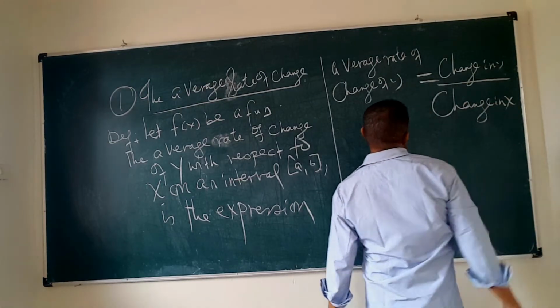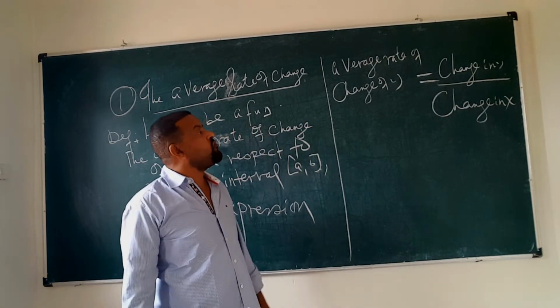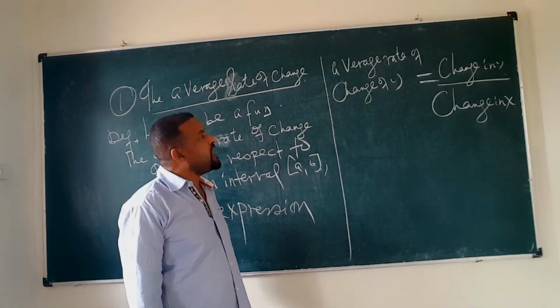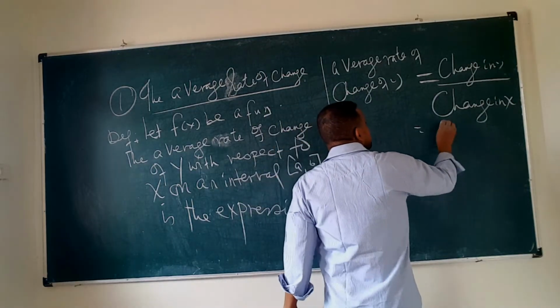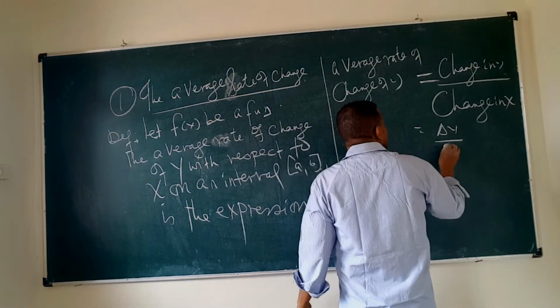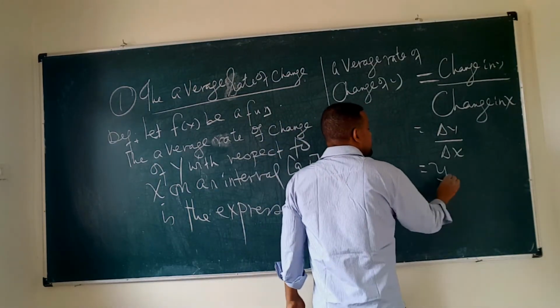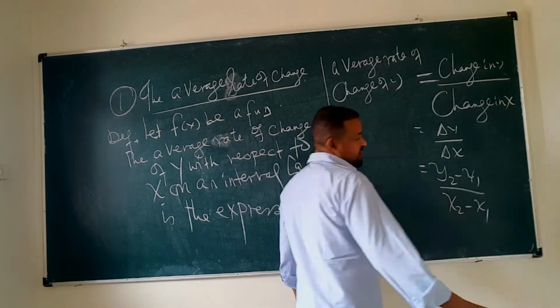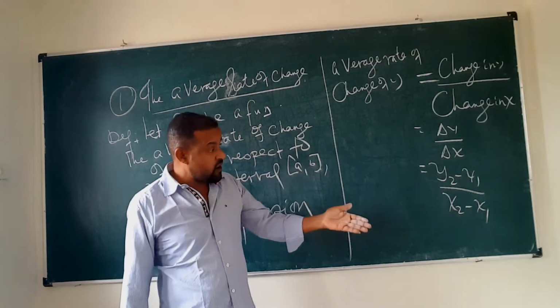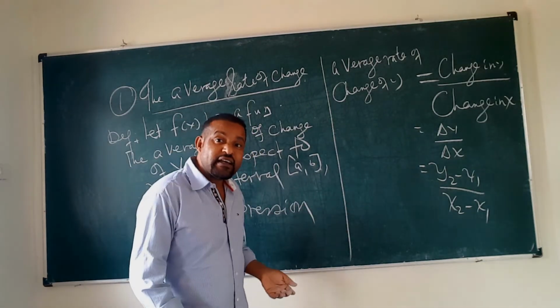So the average rate of change of y is given by the expression change in y over change in x. That means y2 minus y1 over x2 minus x1.